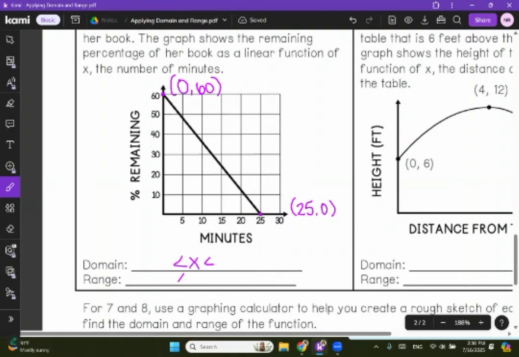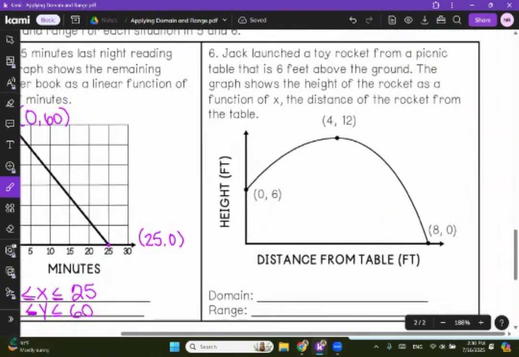They are both closed circles. So we can go ahead and safely underline everything, right? Smallest x is 0, largest x is 25. Smallest y is 0, largest y is 60. There's your domain and range.